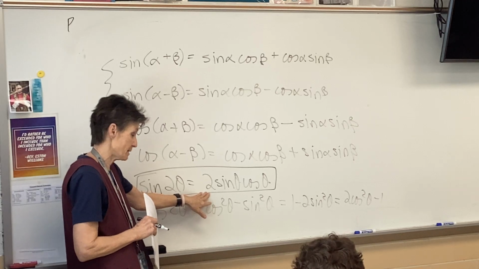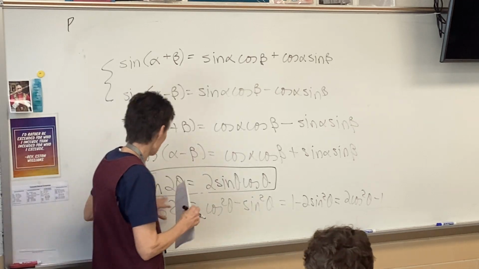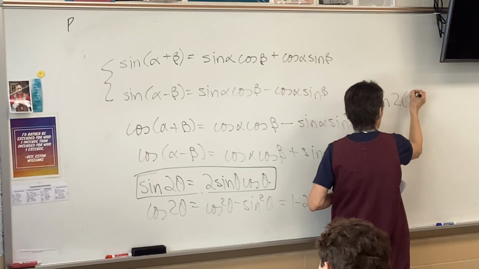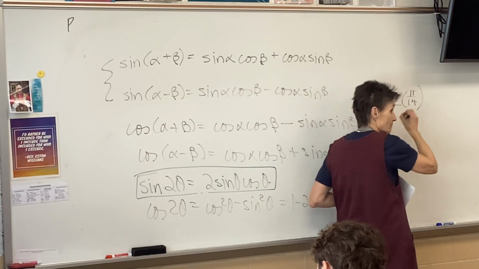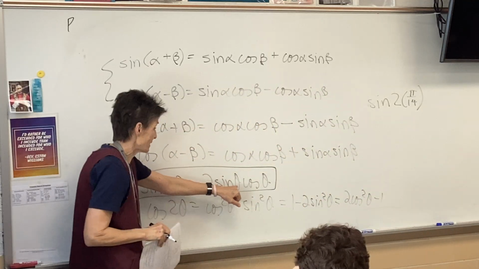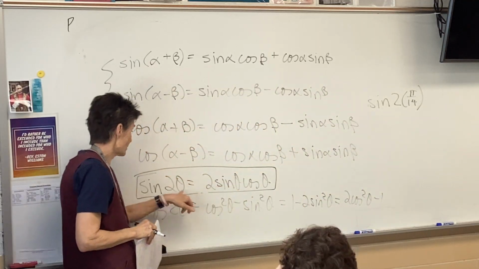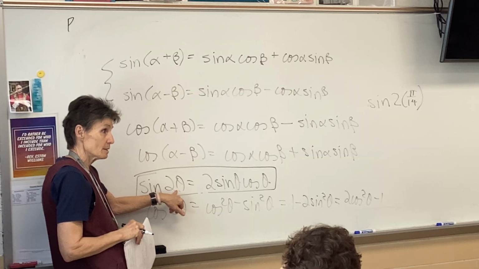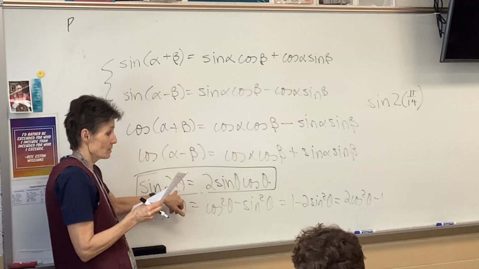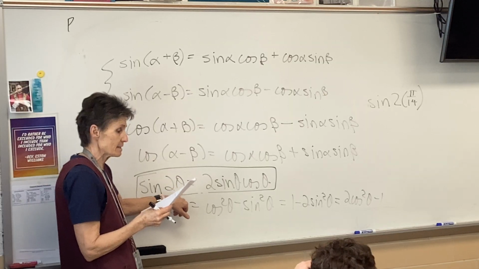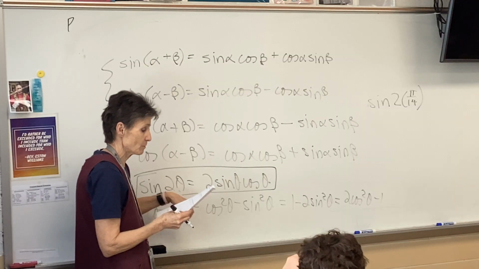Pi over 14. So you have a formula in problem 2 for the sine of 2 times pi over 14. You told me theta was pi over 14. So 2 theta will be pi over 7. So that is C. C is the answer. Sine pi over 7.